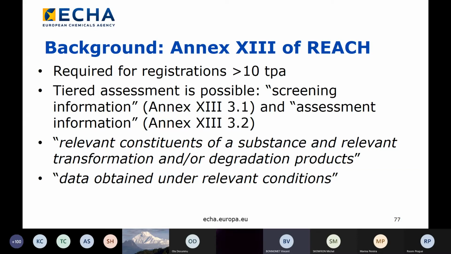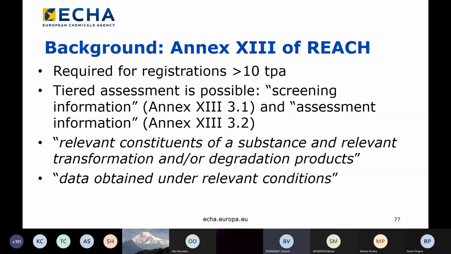This means that as long as you have an Annex 8 dossier, with tonnage above 10 tons per year, you can be requested to have higher tier information, even if it's not in the standard information requirement, if it is needed to clarify the PBT concern of your substance. Again, maybe this is very well known, but this is just a refresher.